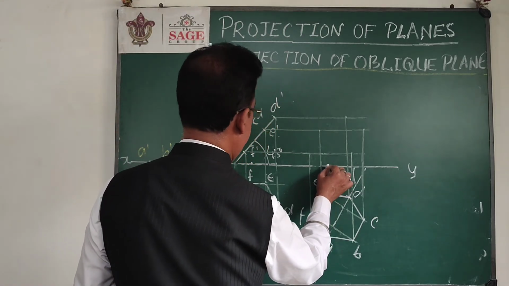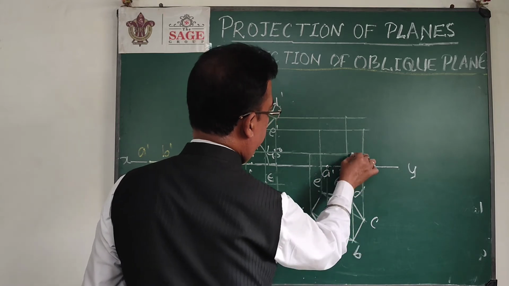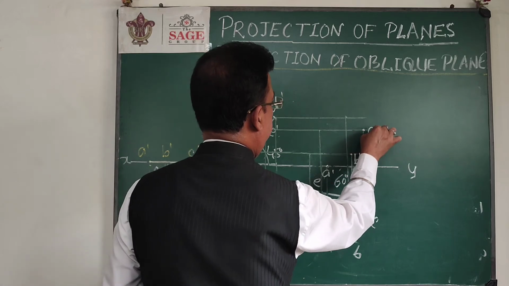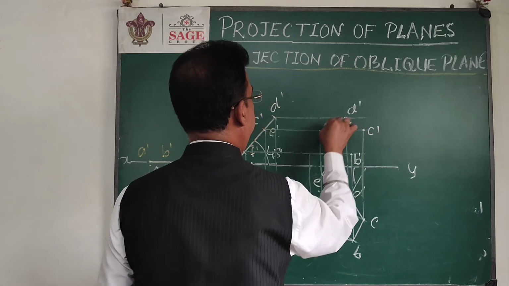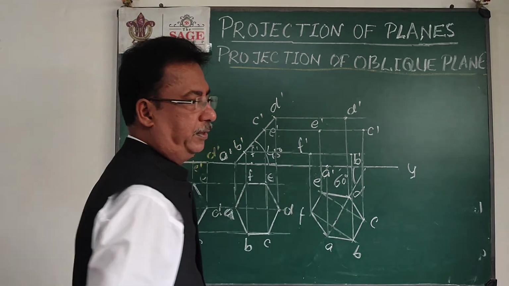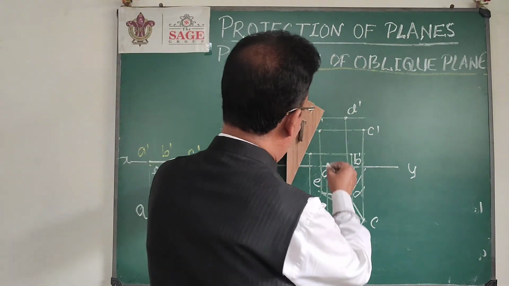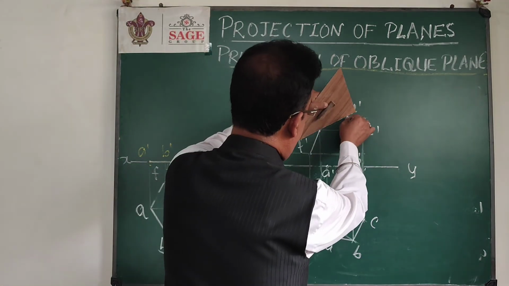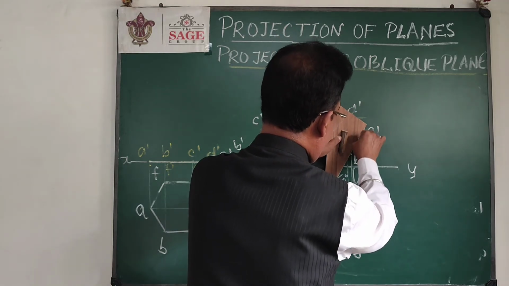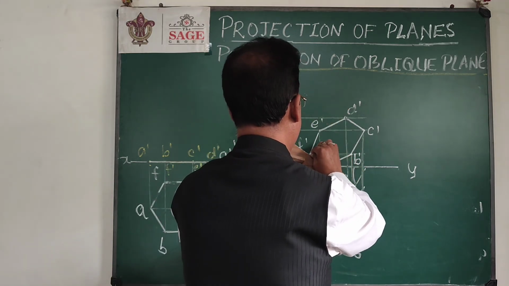So in this way we can mark all these points. The points will be like this. This point will be A dash, this is B dash, this is C dash, this is D dash, this is E dash, and finally this is F dash. So I got all the 6 points in the front view. Now I can join them with straight lines like this, and I can easily get the front view.